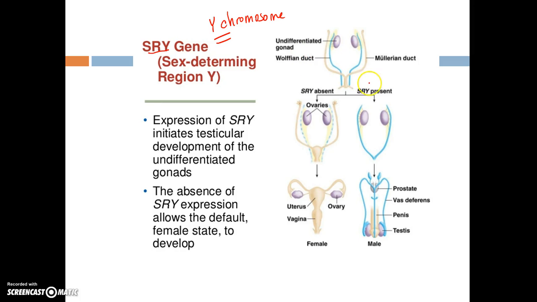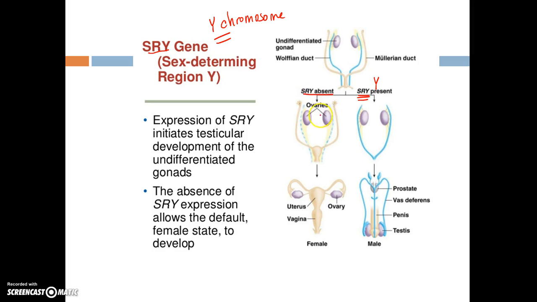What's going to happen if you have the SRY present, meaning you inherit the Y chromosome and the SRY gene is there, is you're going to start to produce a lot of hormones that are going to make male characteristics develop. So these gonads will turn into testes, okay?